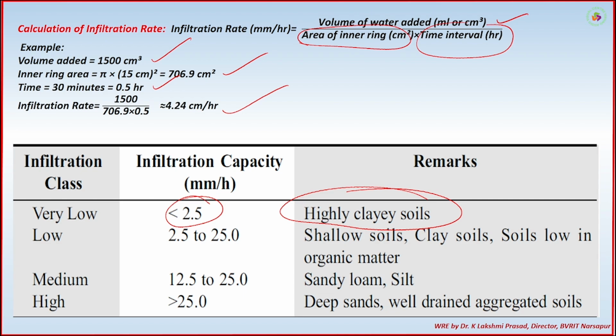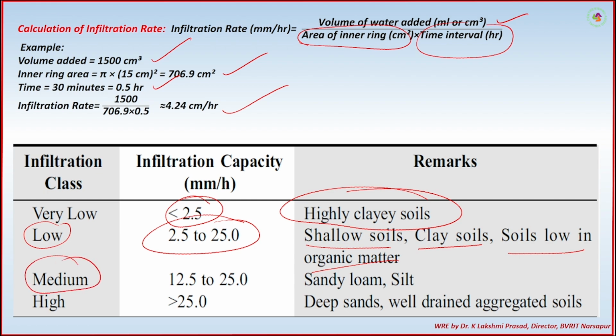Clay in the sense of completely minerals and everything. Then low means 2.5 to 25. We call it infiltration capacity is low. Generally, shallow soils, clayey soils, and soils with organic matter are called very low infiltration capacity.